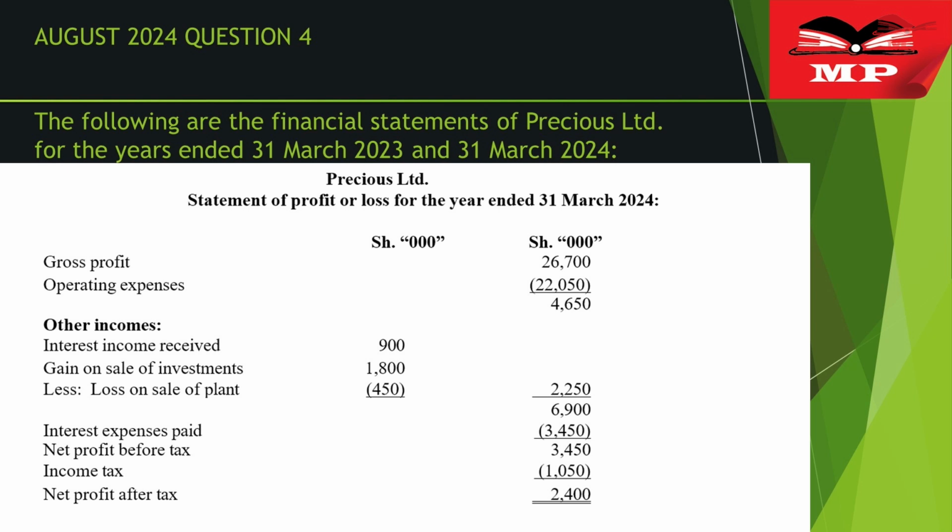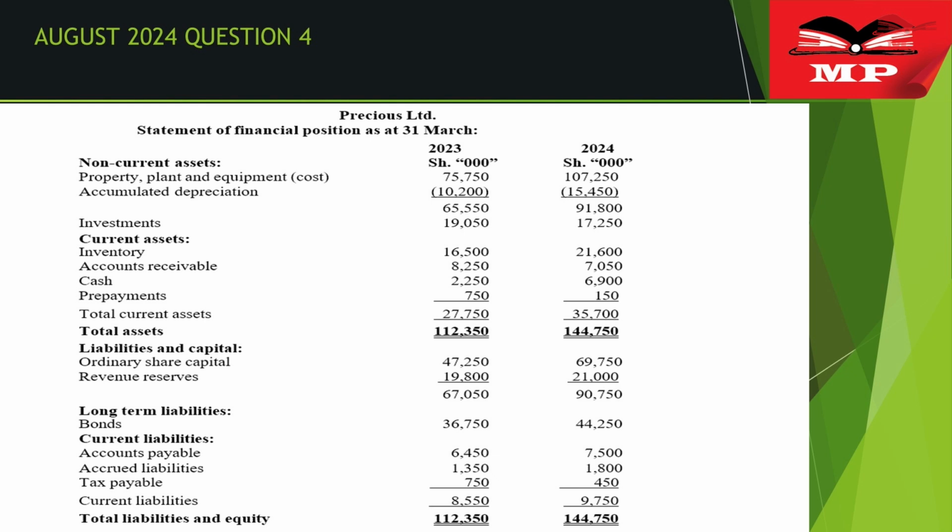We have the statement of profit or loss for the year ended 31st March 2024, with the gross profit, operating expenses, other incomes, and then down there the net profit after tax. On the next page we have the statement of financial position for 2023 and 2024. Below it, we have additional information.